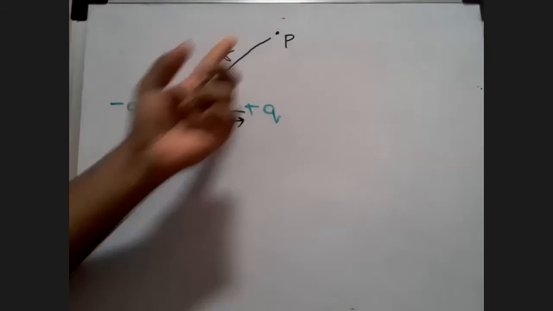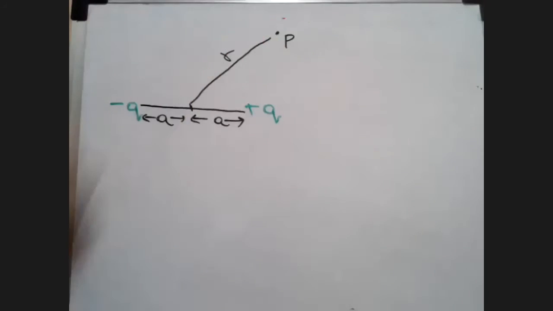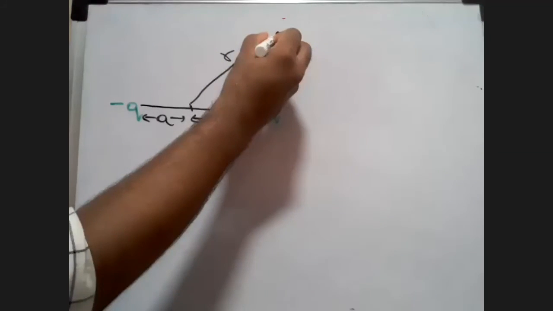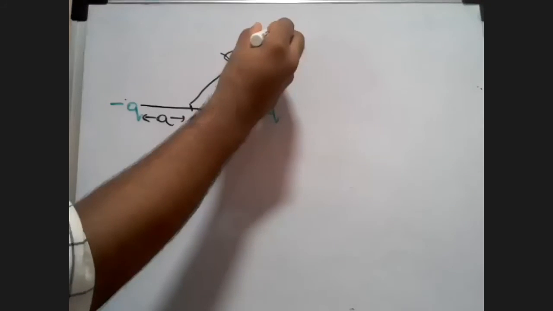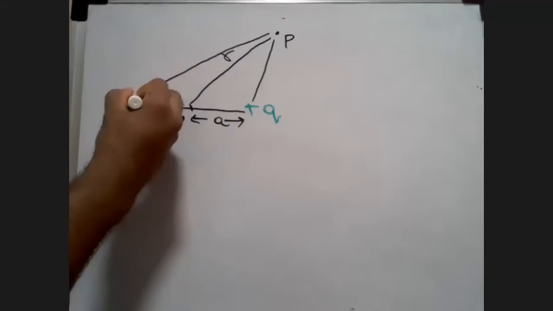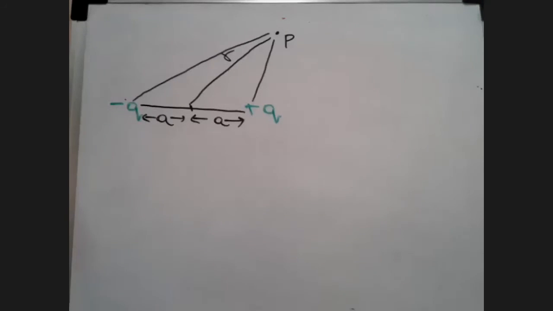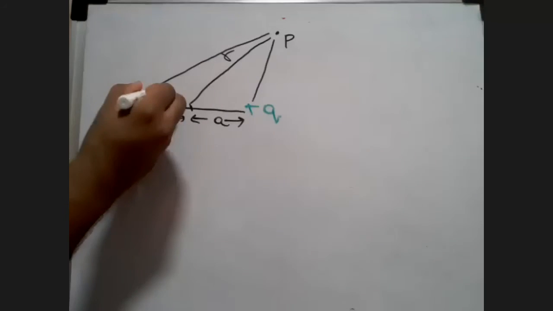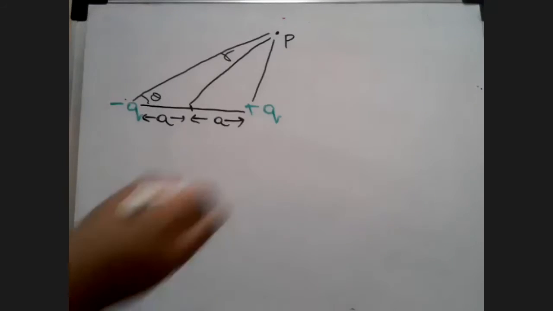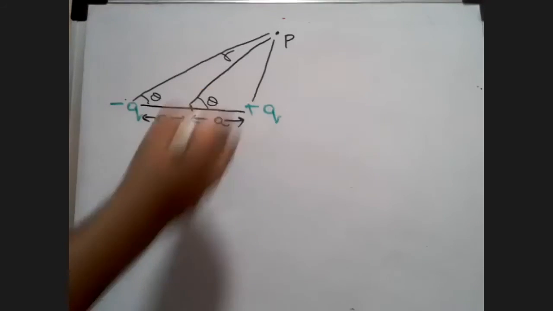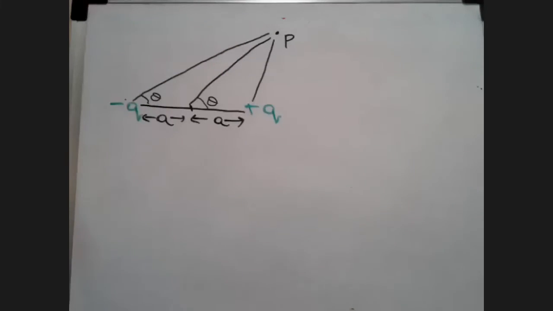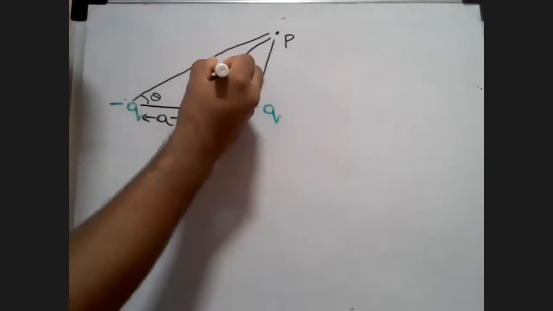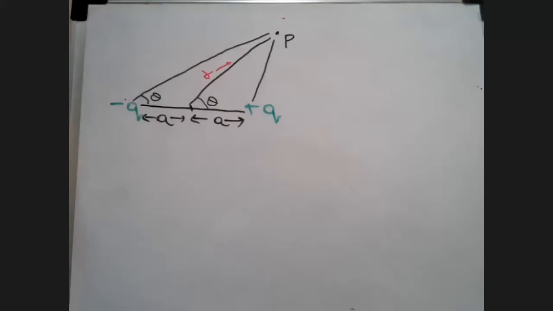I want to find out the potential at this point P. The entire diagram will look like this. And there is some angle theta over here. It might not be very clear. Are you all able to see the diagram?